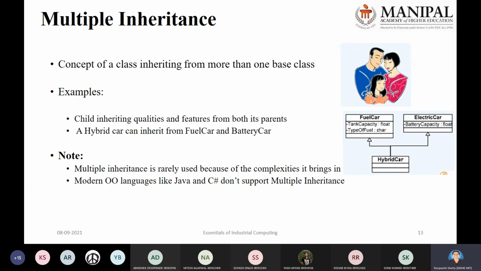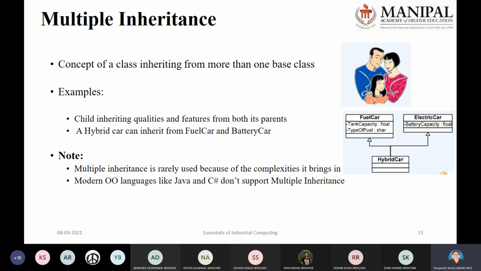Next comes the concept of multiple inheritance. Multi-level is multiple levels of hierarchy. Multiple is one class inheriting more than one base class. So a child inherits the properties of both father and mother. If father is one class, mother is one class, and child is another class, child will be a derived class and there will be two base classes, mother and father.